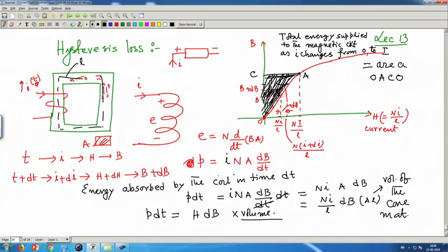This will be utilized to find out more about hysteresis loss in the next one.